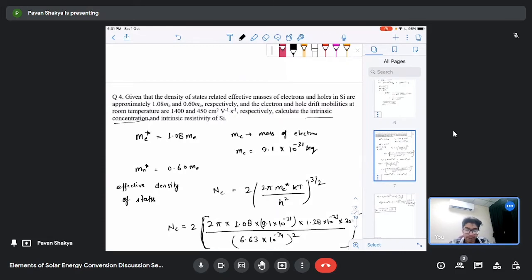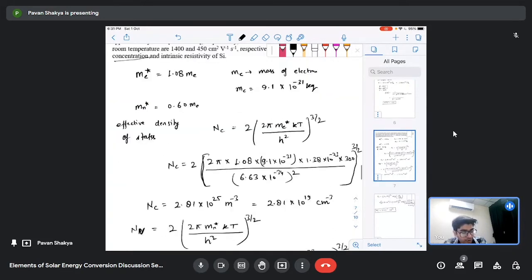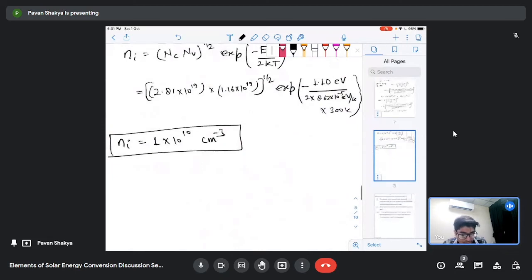Next in the problem, it has been asked that we compute the intrinsic resistivity of the silicon. As we know, the resistivity, represented by rho, is the inverse of the conductivity, represented by sigma. If we are able to find the conductivity, then we can calculate the resistivity.